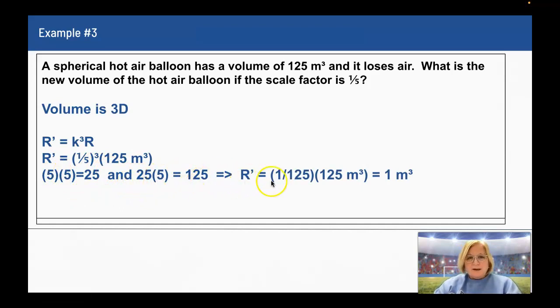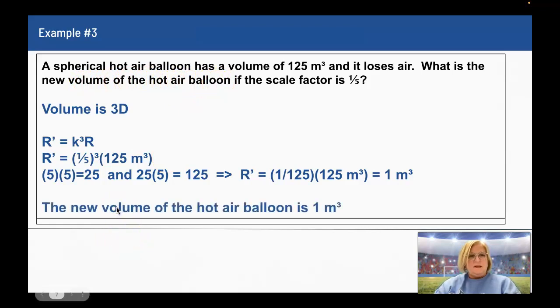So my R prime is 1 divided by 125 times 125 meters cubed. So these 125s cancel out, and I'm left with 1 meter cubed. The new volume of the hot air balloon is 1 meter cubed.